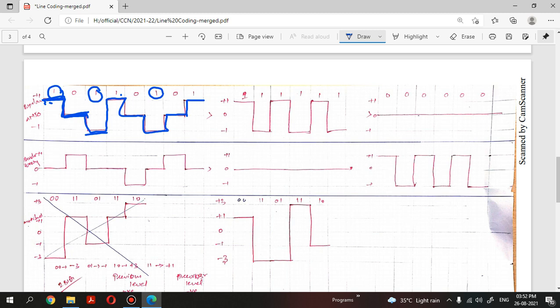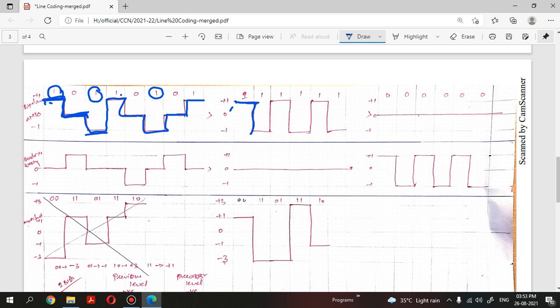Let's see how this works for baseline wandering and DC component, which come from consistent ones and consistent zeros. In the case of consistent ones, we always check the previous one.